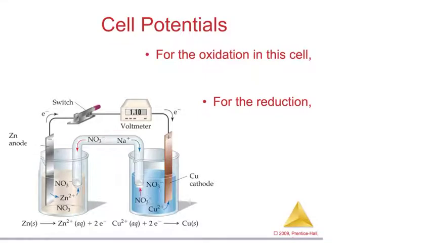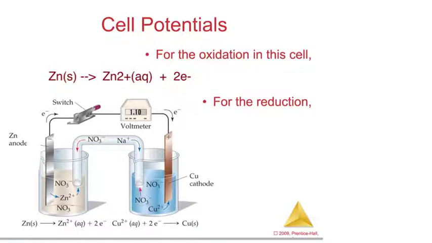It's important to note that whenever we assign a potential to a half reaction, we write the reaction as a reduction. So in our example, since the zinc is undergoing oxidation, this is what our half reaction would look like.